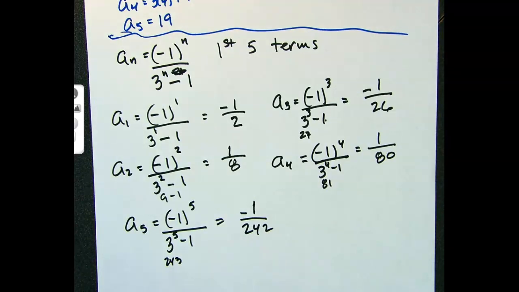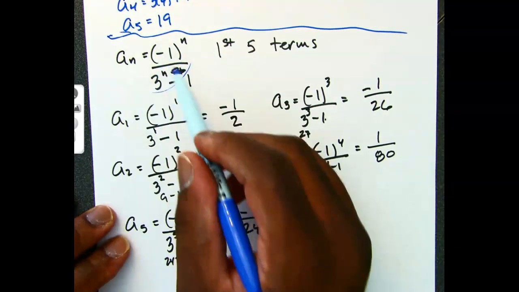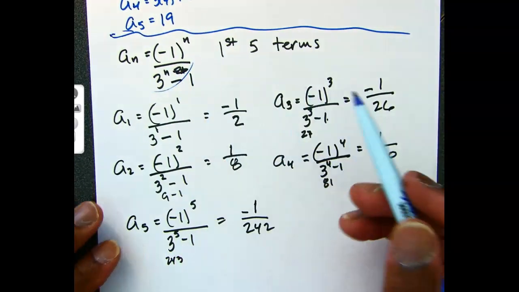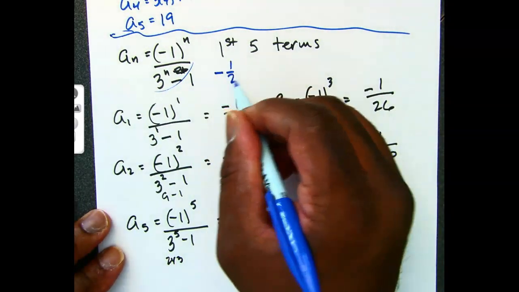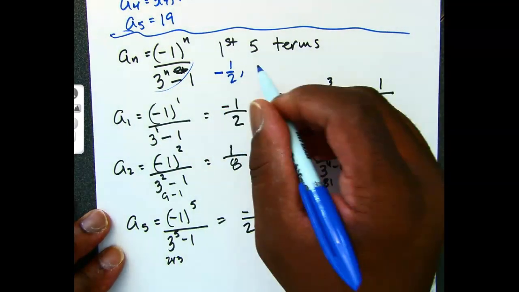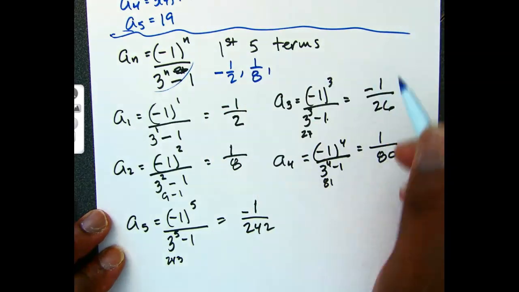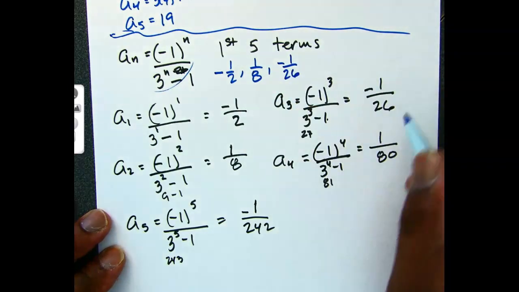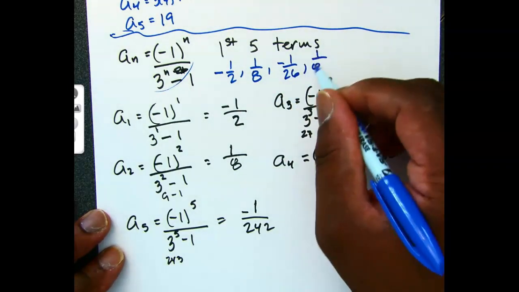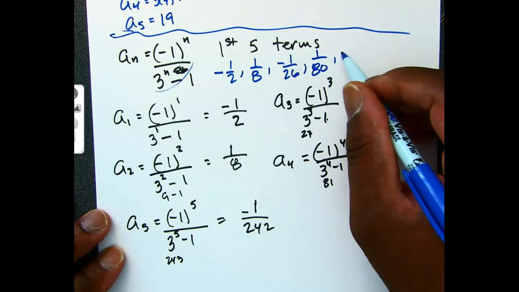So our first 5 terms for this general rule are negative 1/2, then a positive 1 over 8, negative 1 over 26, positive 1 over 80, and a negative 1 over 242.